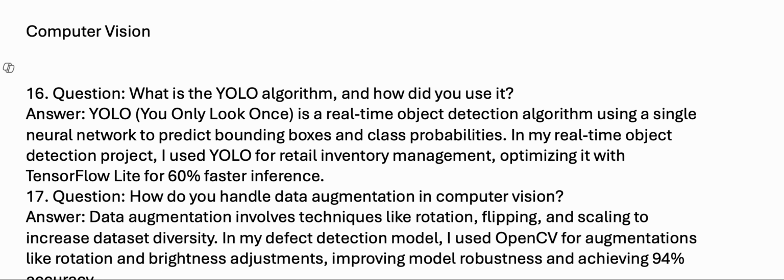Computer vision. Next question: what is the YOLO algorithm and how do you use it?